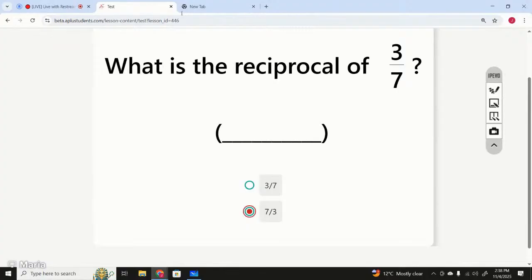That is 5 over 3. Option number 2 is the correct option. What is the reciprocal of 2 by 9? That is 9 by 2. Option number 2 is the correct option.